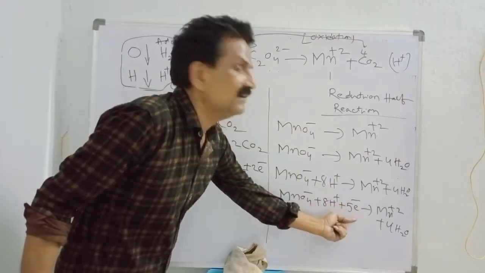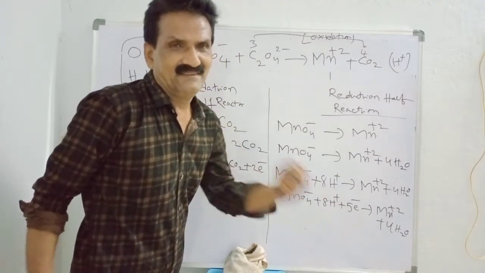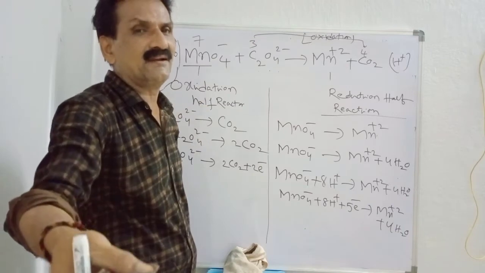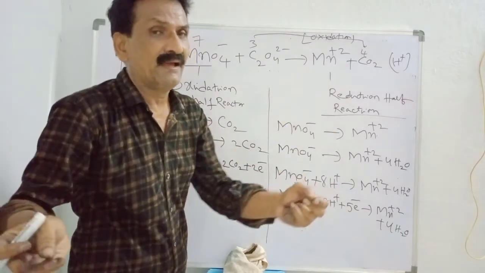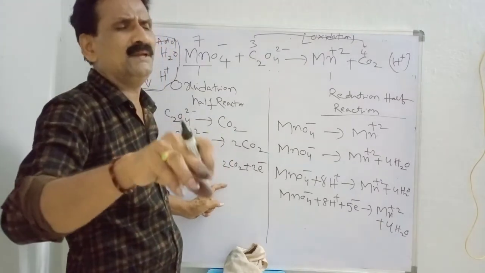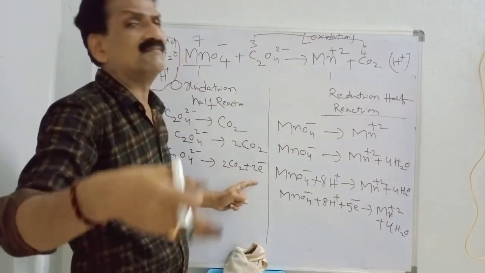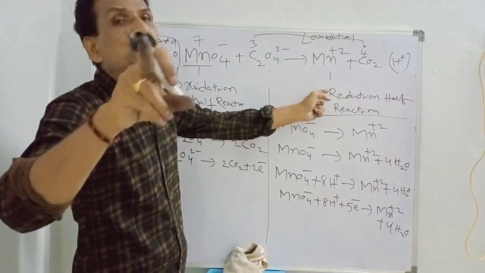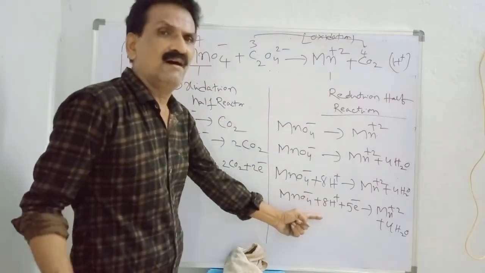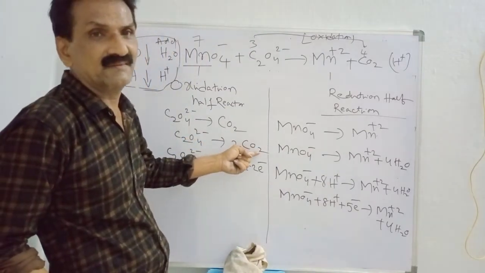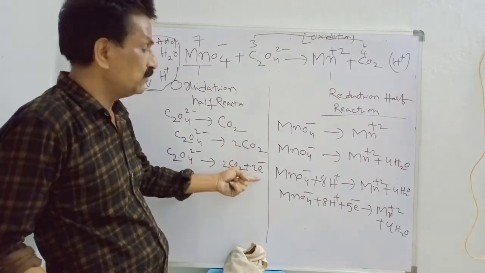Generally, students struggle to decide whether electrons go on the left hand or right hand side. Again I am telling you, if it is an oxidation reaction, you blindly add electrons on the right hand side. If it is a reduction reaction, you simply add electrons on the left hand side. Where electrons are less, you simply add electrons. Here there is no electron, you simply add.